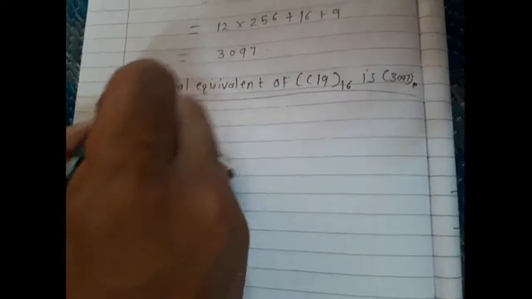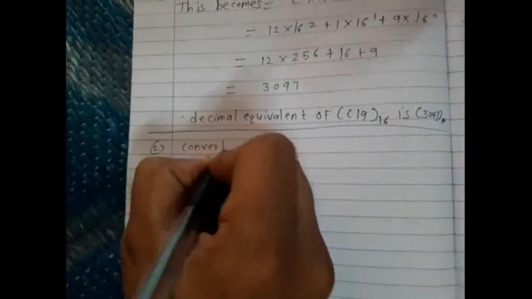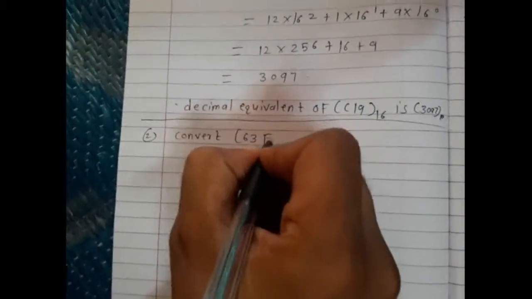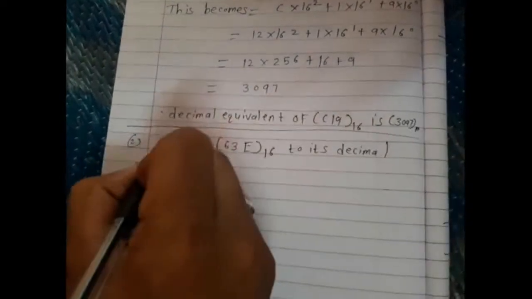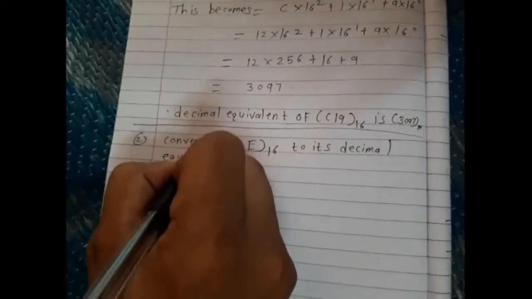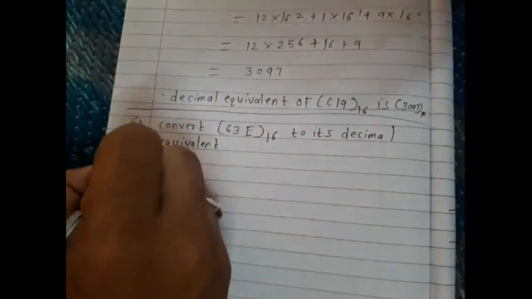Now see students, another example. Convert 63E base 16 to its decimal equivalent. Now see solution.